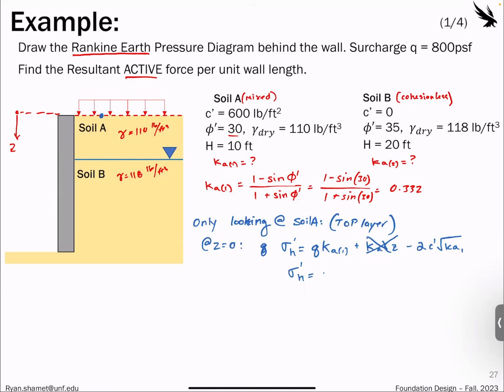Here we would just have Q times Ka minus 2 times the cohesion times the square root of Ka.